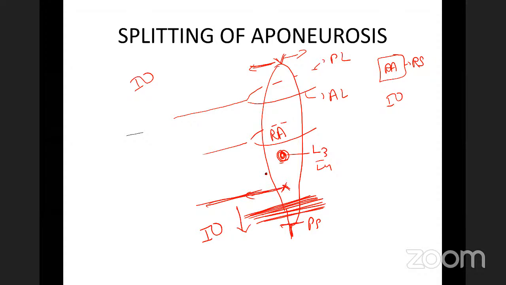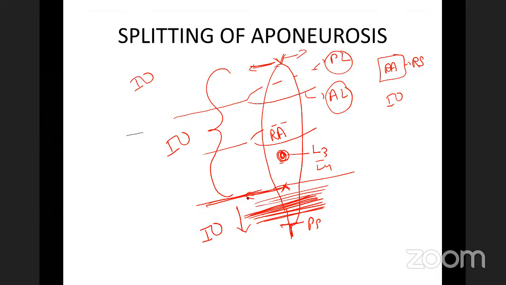Below this level, the aponeurosis just continues in front of which muscle? Rectus abdominis muscle. Hoping you will answer when we come to the rectus sheath. We will go to the next slide.